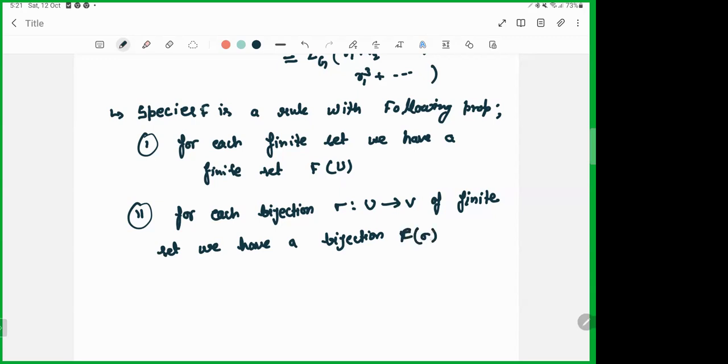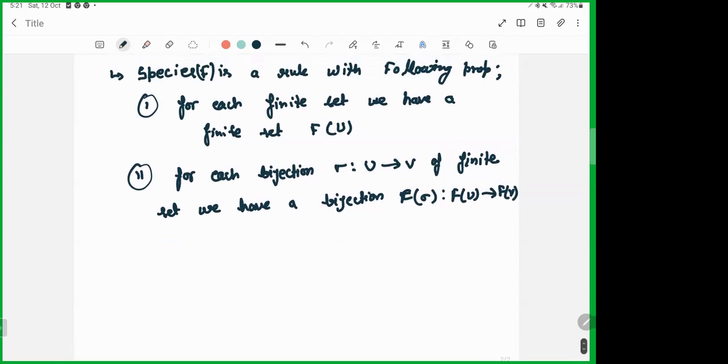Species F, I should say, is a rule with the following properties. For each finite set U, we have a finite set Fu. For each bijection sigma mapping U to V of finite sets, we have a bijection F sigma mapping Fu to Fv.